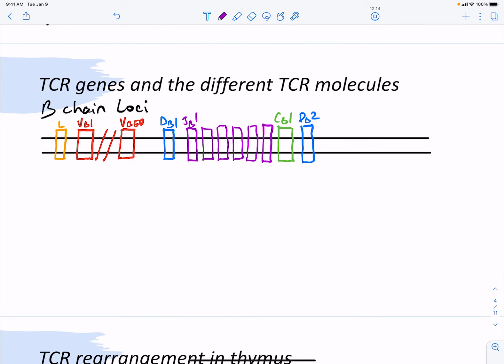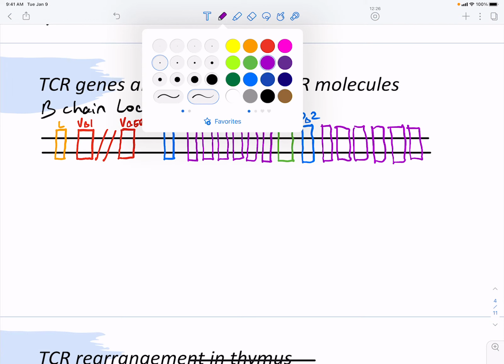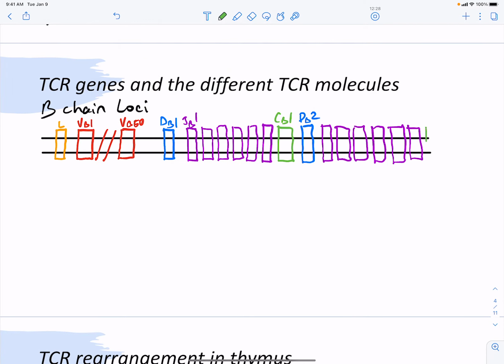And again, there's going to be 6 of those. And this is going to be followed by another constant region. And it's the constant beta 2. Okay, so that is how the beta chain loci is.